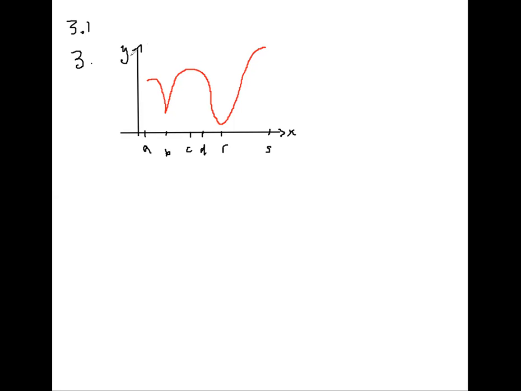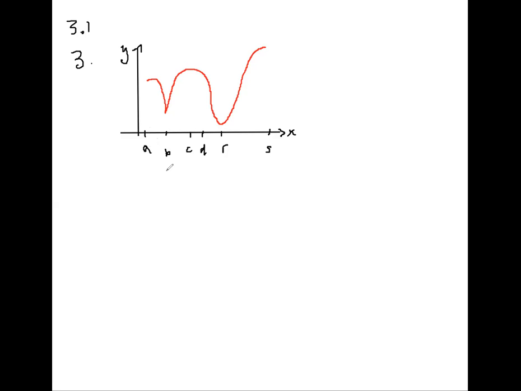Let's start with A. What are you thinking about A? Is there an absolute min or max there? Yeah, it's neither. And is there a local min or max at A? At B, yes, there's a local min.